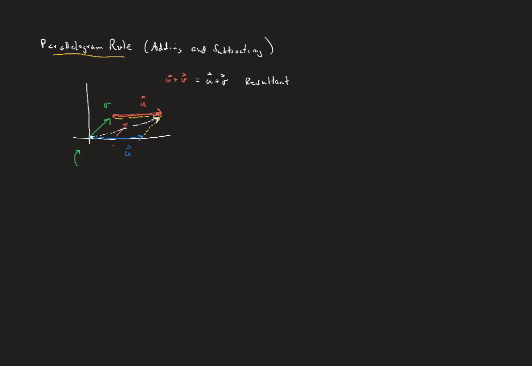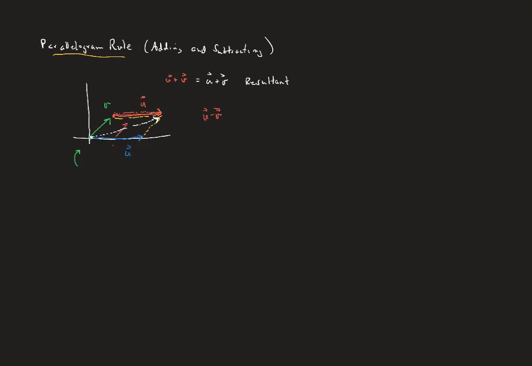Okay, now let's see if we can do, say, u minus v. So now we're going to do a subtraction. So I'm going to look at this copy of u right here. That's the same length and direction as my original blue one.